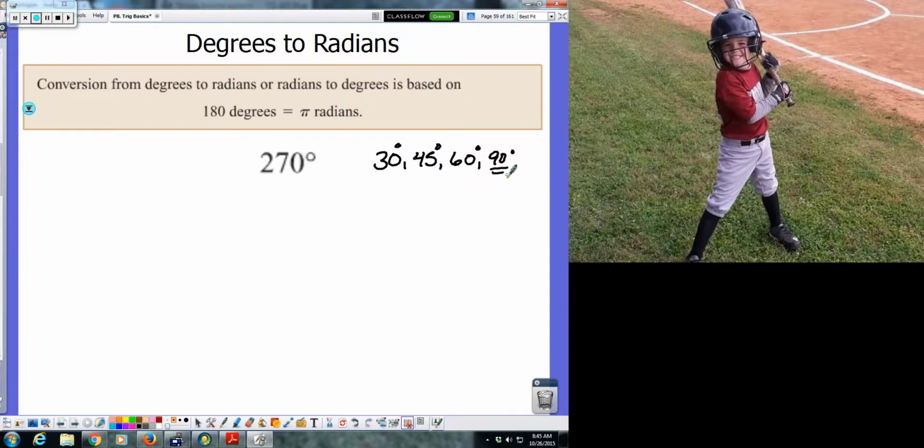Pi is 180. So let's go through one more time just as a reminder. 30 degrees would be pi divided by what? 6. 45 was pi divided by 4. 60 was pi divided by 3. And 90 was pi divided by 2. Correct?